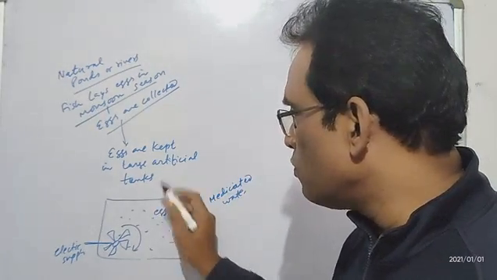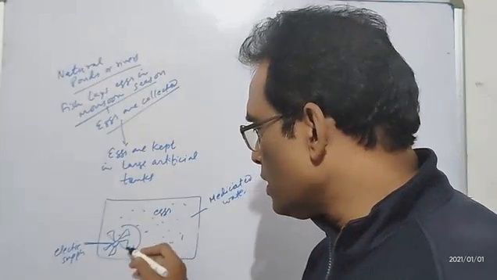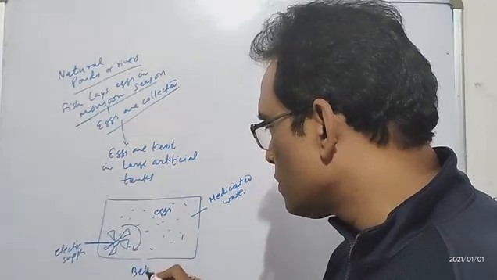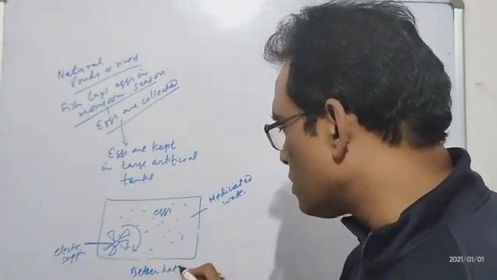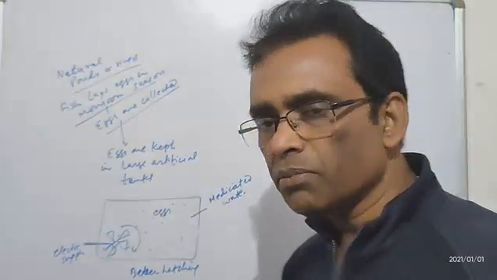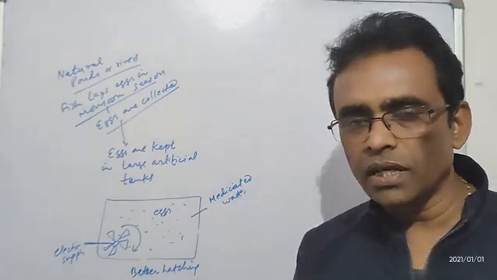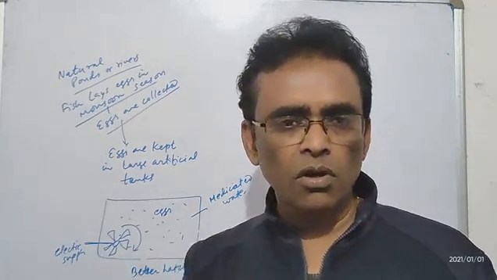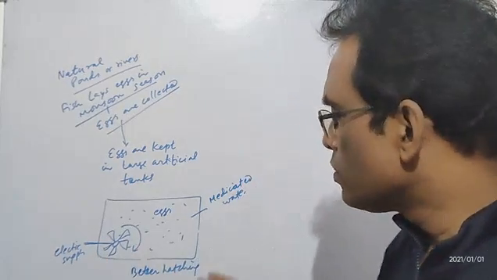The eggs which are collected. इससे क्या होता है? The movement of water causes better hatching. Better hatching occurs because we are trying to simulate the condition that in natural condition, the rivers and the ponds, the water is always in a moving condition. So that we try to give.